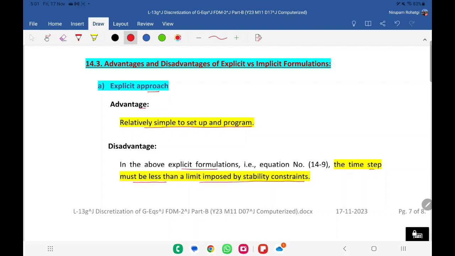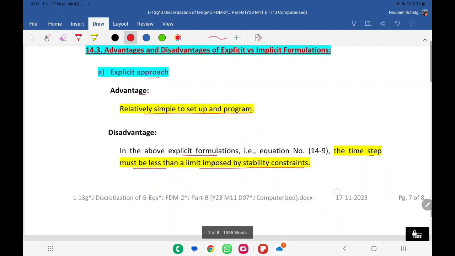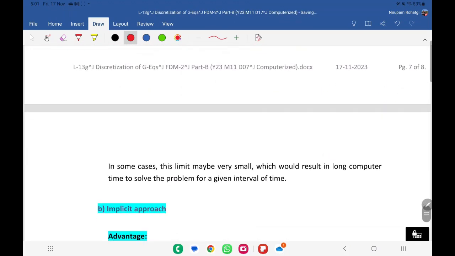Now what will happen? If your time step is small, then you will have to do more number of time steps for the same calculation. Okay. In some cases, the limit may be very small, which would result in a long computer time to solve the problem for a given interval of time.